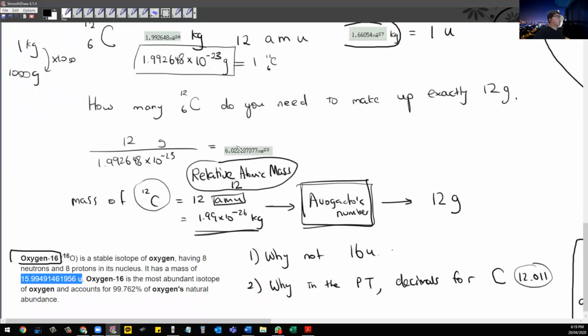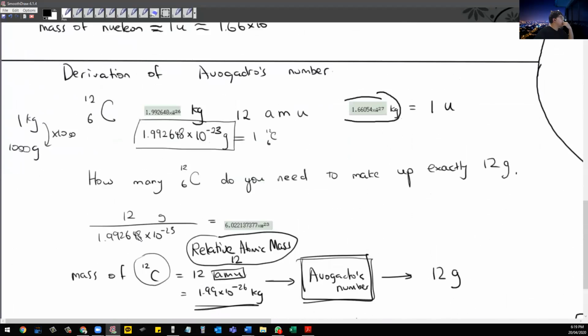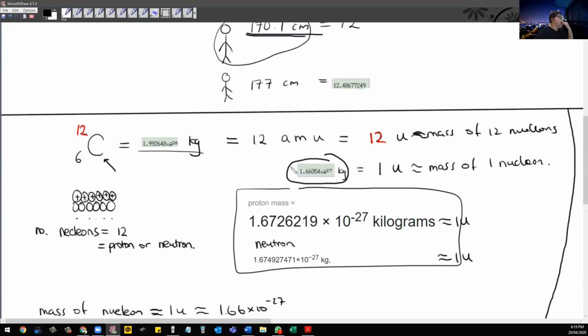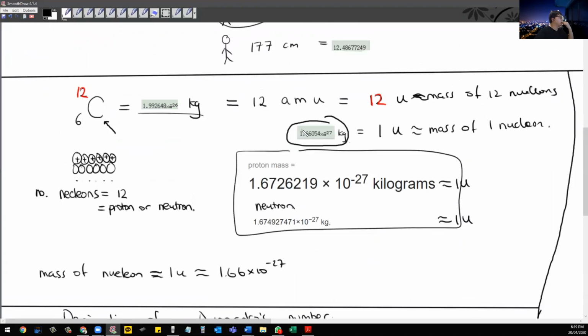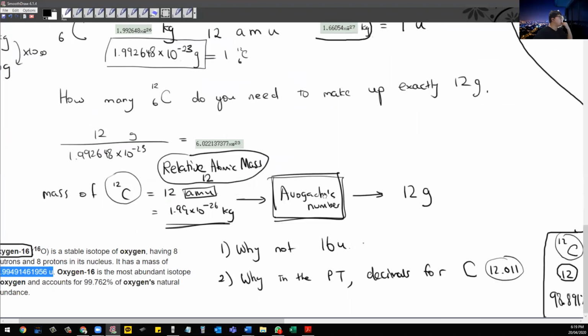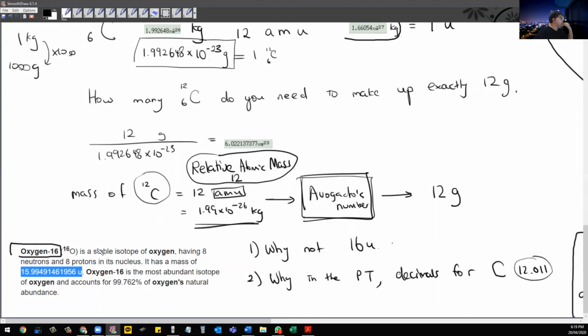Now, let me just think about what I should teach next. We talked about Avogadro's number. Oh yeah, have we talked about why it's not exactly 16 for oxygen? The reason is back to physics again, so it's a bit difficult to understand.